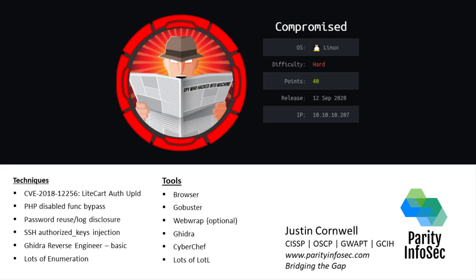So really, really tricky. And you got those steps by using that authenticated arbitrary file upload CVE, and then using the PHP disabled function bypass in order to get some code execution. Look for passwords. Pretty basic technique, but we don't use it a lot because normally I would have used linpeas or something else.